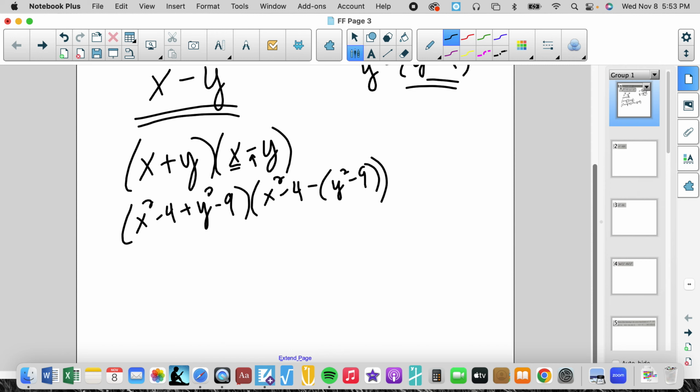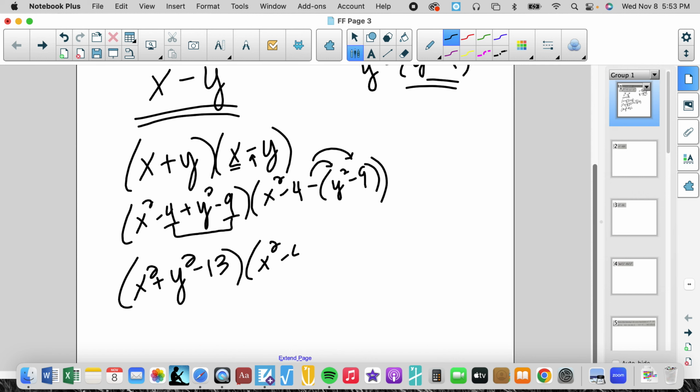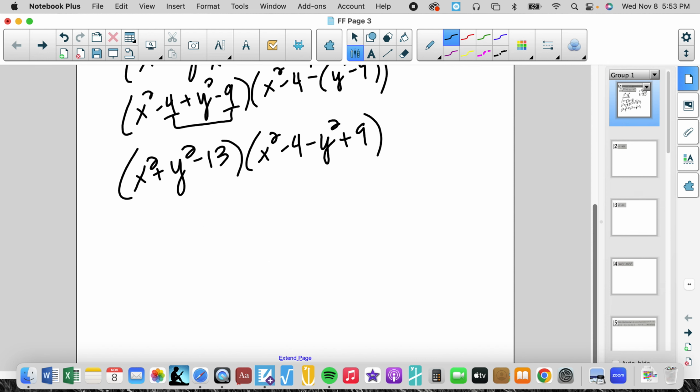So we have to write this left side, x squared plus y squared. These are like terms, so that's minus 13. Good. And then we're going to distribute that negative. So this becomes x squared minus 4 minus y squared plus 9.